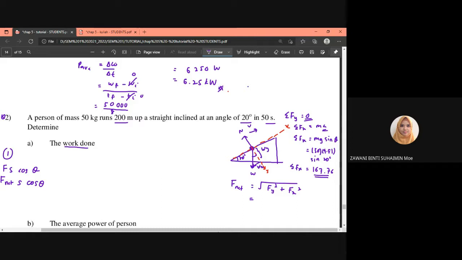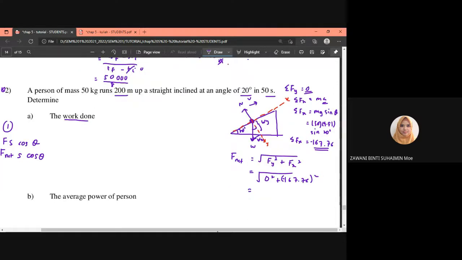Kita masukkan dekat sini, ini kosong, so force tadi adalah 167.76. Dia negatif kan, dia ke kiri, weight tu. Negatif square akan jadi positif juga nanti. So jawapan dia, force net dia adalah 167.76 jugalah. Ini adalah force net.